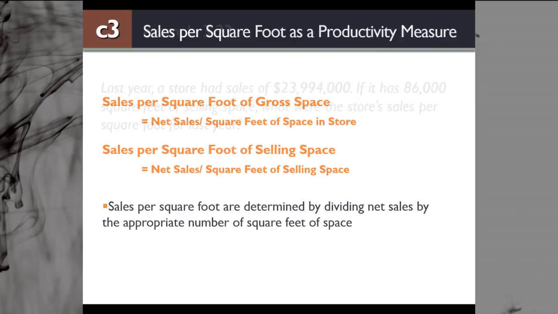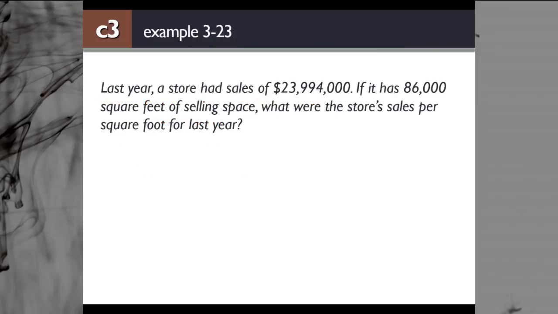All right, let's look at the example. This question asks: last year a store had sales of $23,994,000. If it has 86,000 square feet of selling space, what were the store sales per square foot for last year?